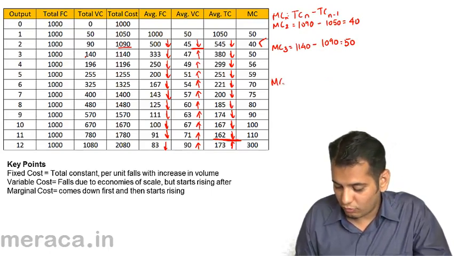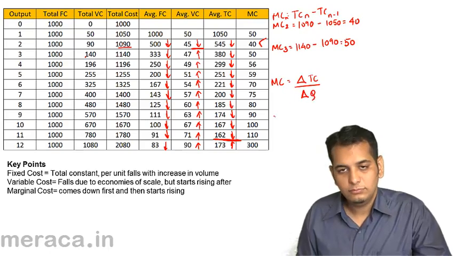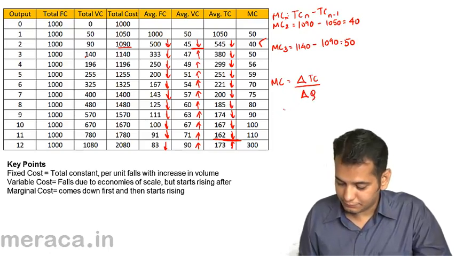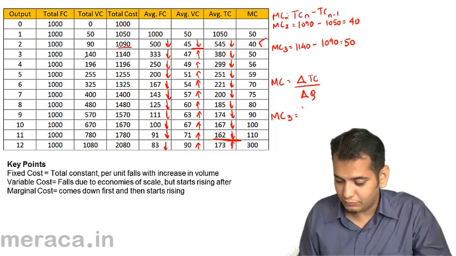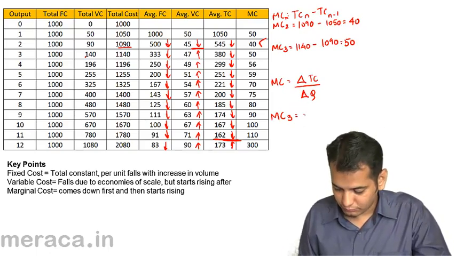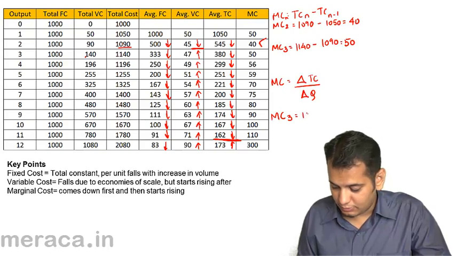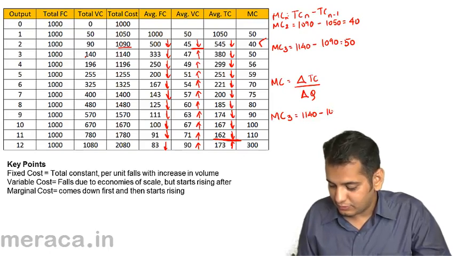Marginal cost can also be found out with the formula change in total cost upon change in output. Now if I want to find the marginal cost for the third unit, I'll need to see what is the change in the total cost. At the third unit, the cost is 1140, and how much has it changed?